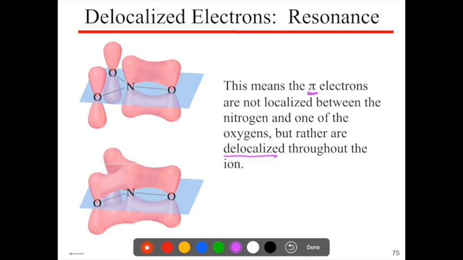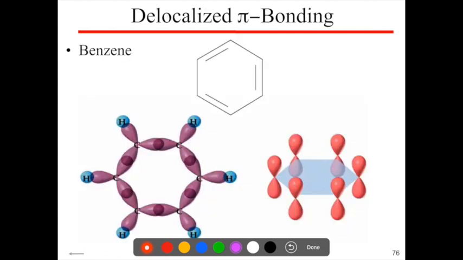The pi bonds, the double and triple bonds, have the ability to be delocalized. An example is the benzene ring. The benzene is held together by single bonds between the carbons, so 1 single bond, 2, 3, 4, 5, and 6 single bonds, represented by these lines.